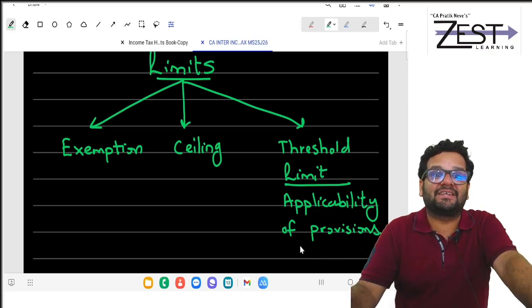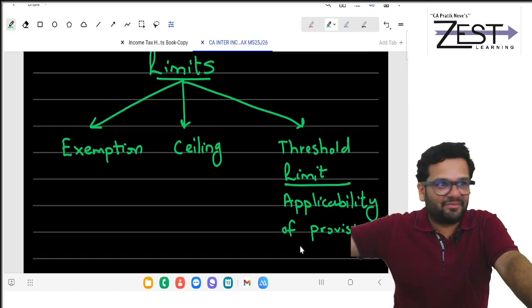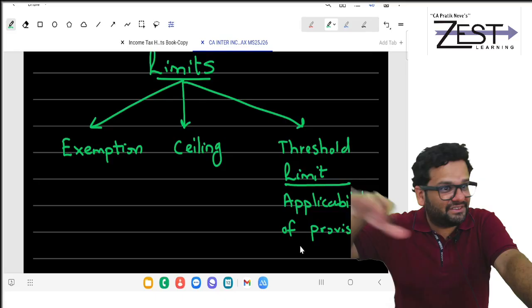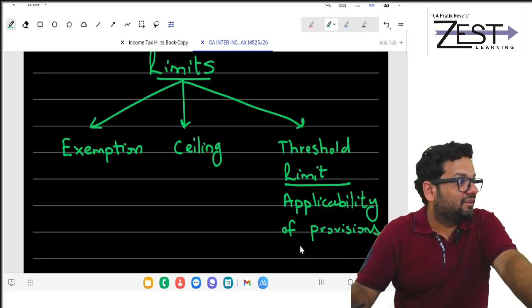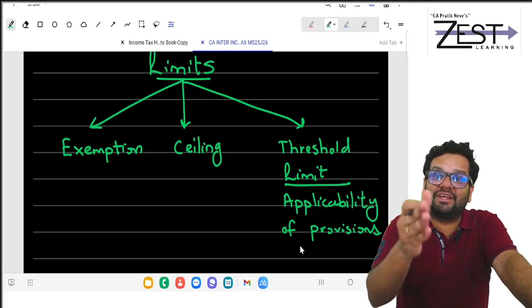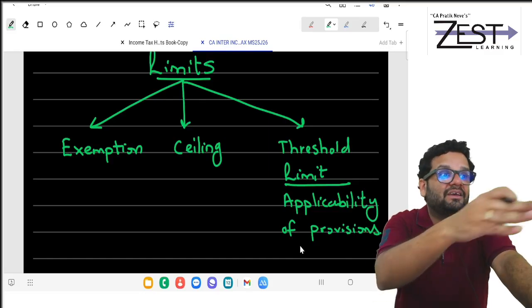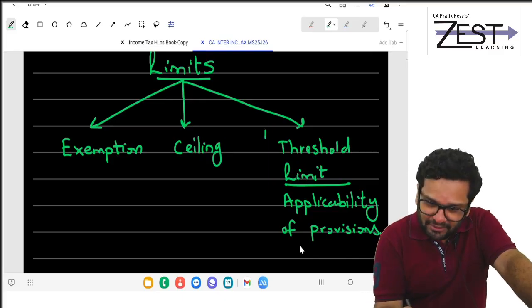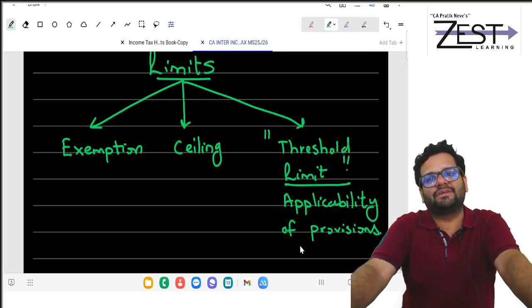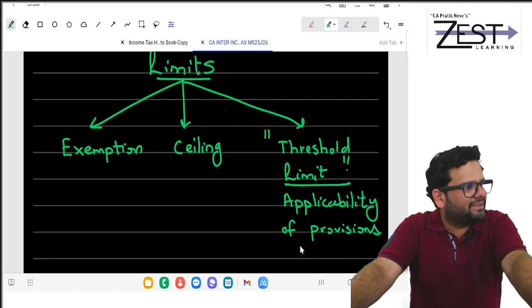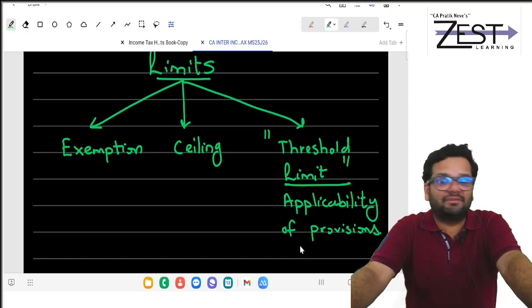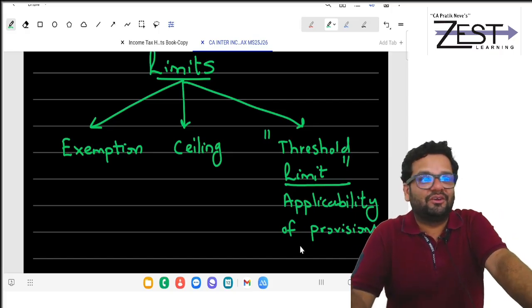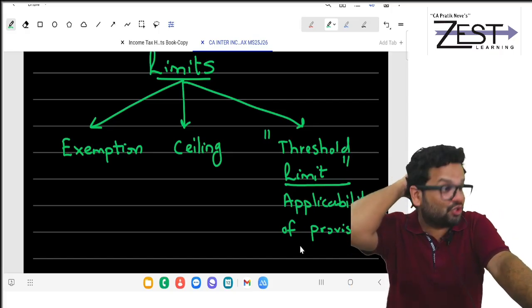If gifts are received in monetary terms from a non-relative in excess of 50,000 in a year, then the entire amount becomes taxable. All these limits are threshold limits. Many more could be examples. So wherever applicability of law is involved, those limits are threshold.